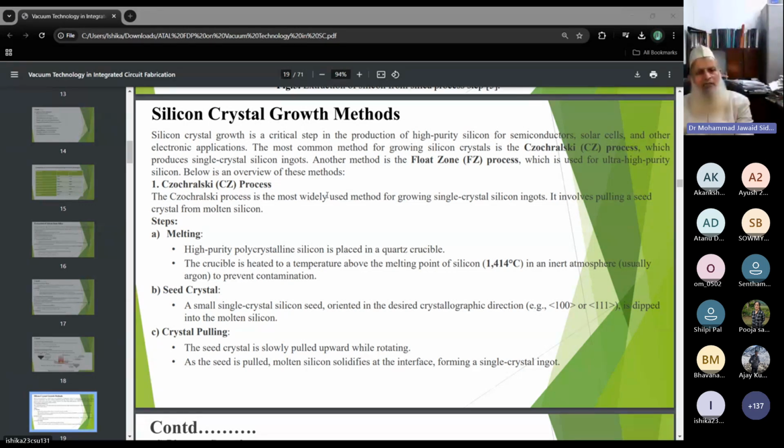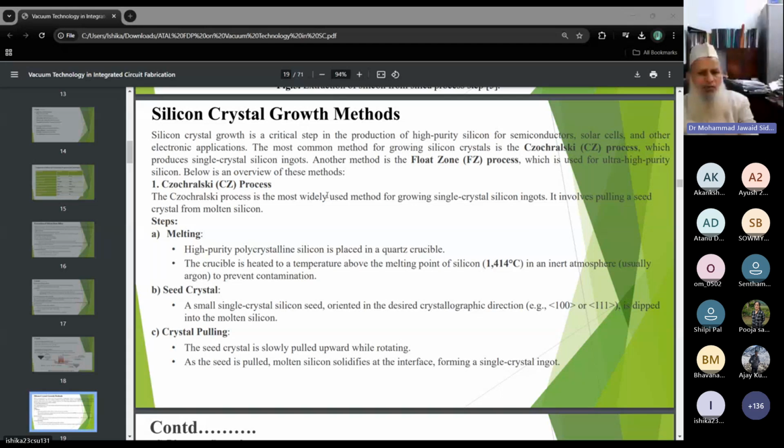The most common method for growing silicon crystal is the CZ process, which produces single crystal silicon ingots. From ingots, we can cut the wafers. Another method is the float zone, which is used for ultra high purity silicon. But in the float zone method, the size of the wafer is limited.